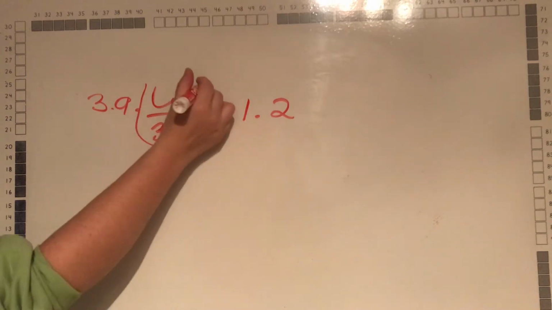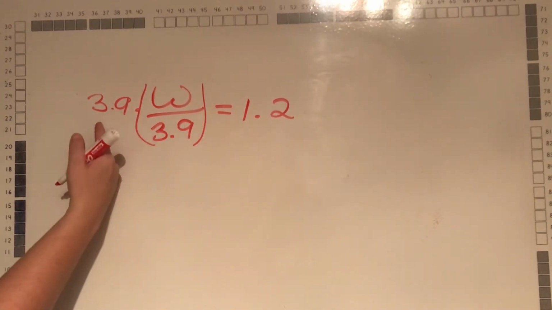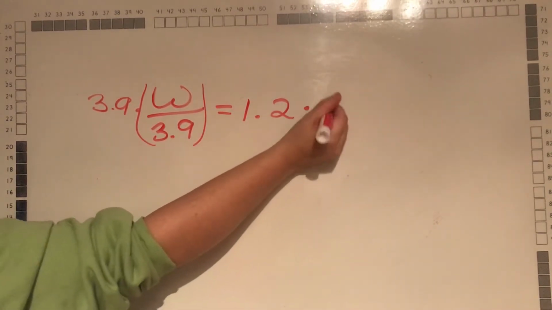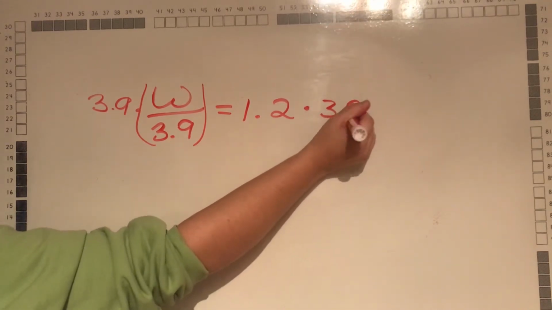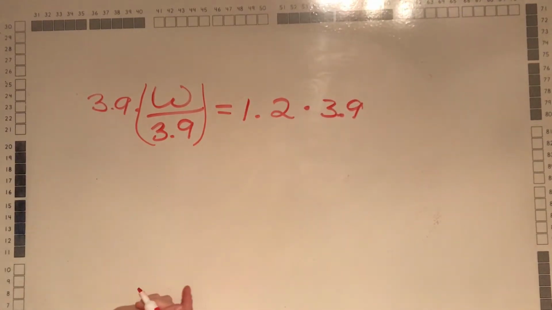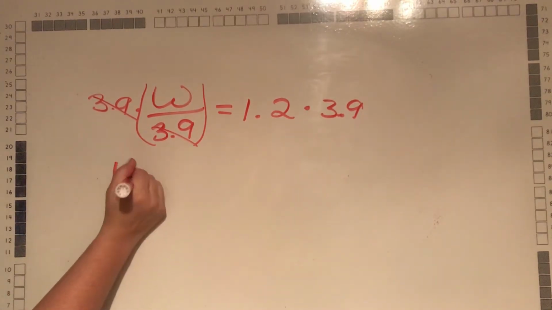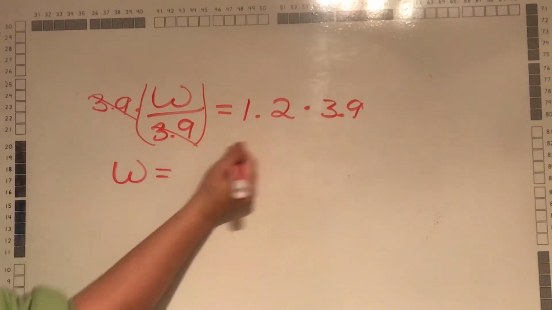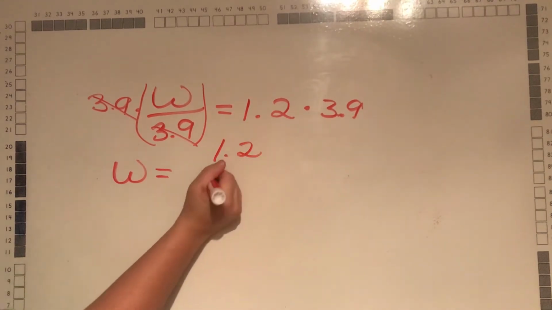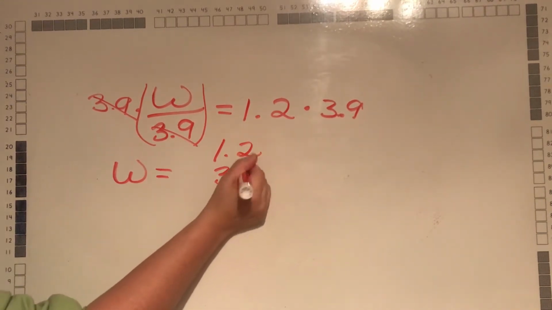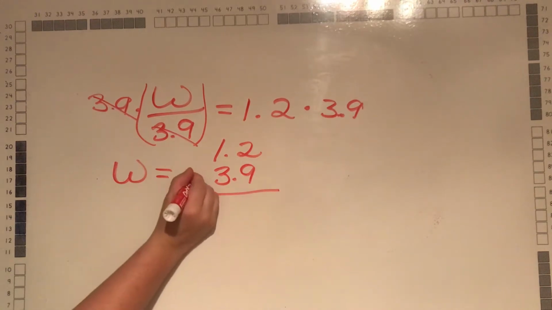Okay, so we're going to multiply that. But if we do that on this side, then we also have to do that on the other side of the equation. What it's going to do over here is cancel this out, and we're going to be left with w. Over here it's going to leave us with a multiplication problem.